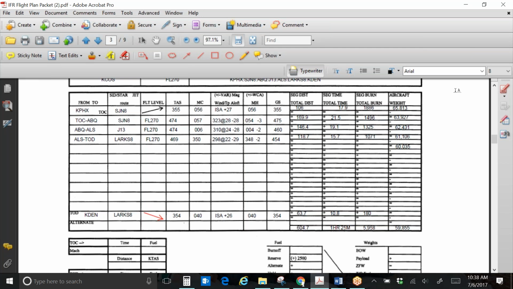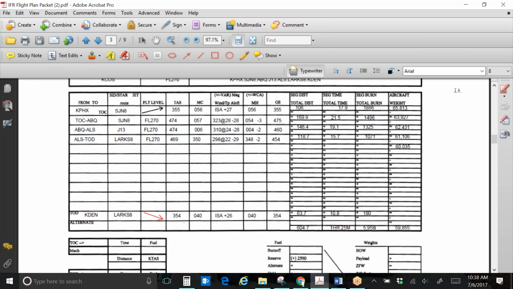Okay, so just comparing these numbers, my simplified burn number was 5,700. So I'm coming up with 5958, so I'm off by 258 pounds. That's within the acceptable range. The 1 hour 25 minutes, I think I came up with 1 hour 31 minutes originally, so that's close.